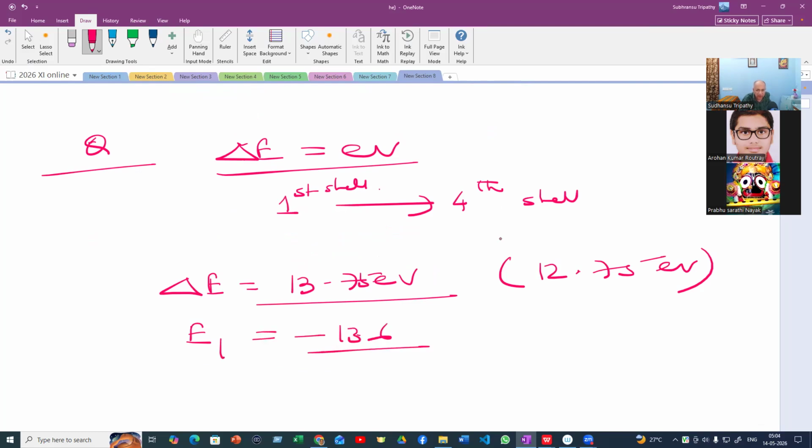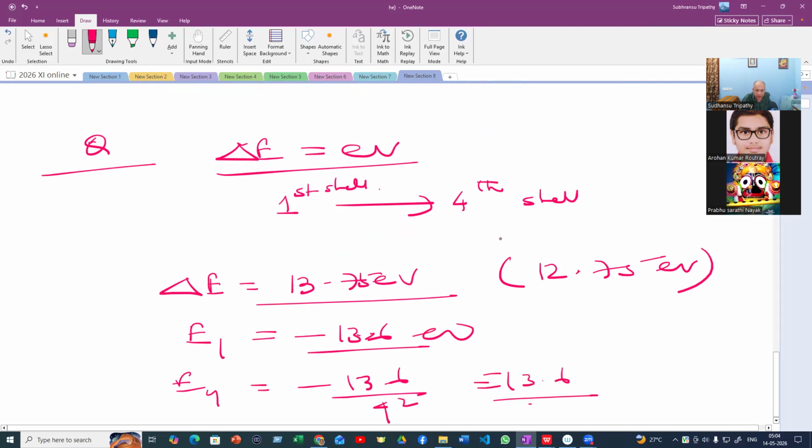to -13.6, n is 1, and E4 is -13.6 by 4 square, -13.6 by 16.